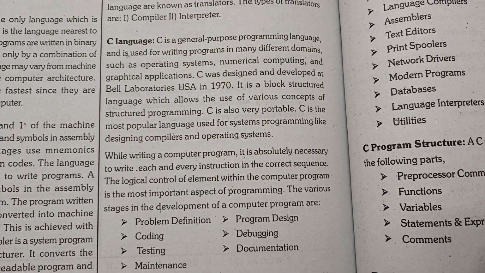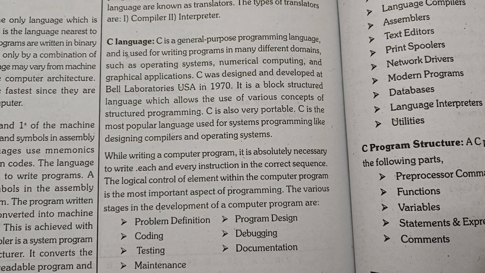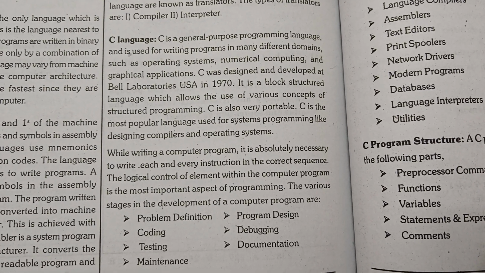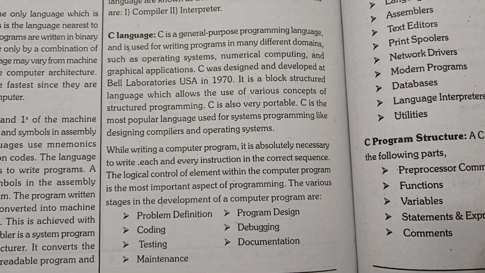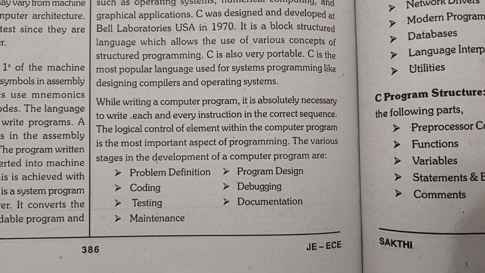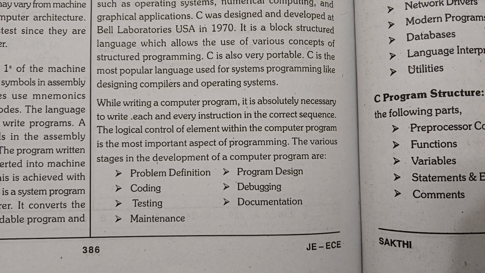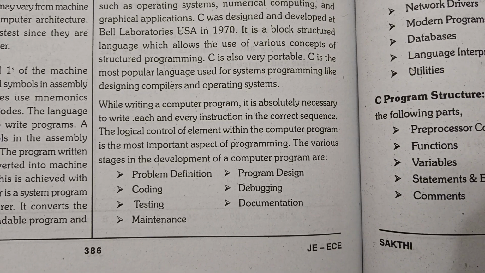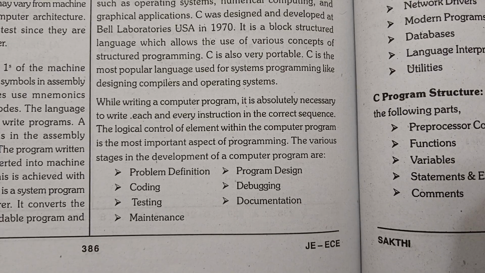C is the most popular language used for systems programming like designing compilers and operating systems. While writing a computer program, it is absolutely necessary to write each and every instruction in the correct sequence.